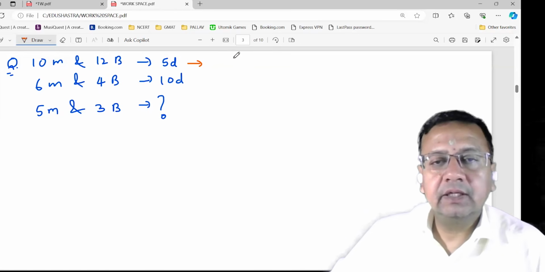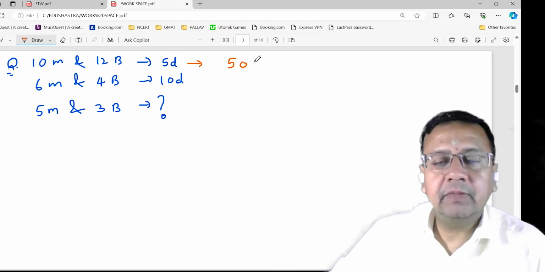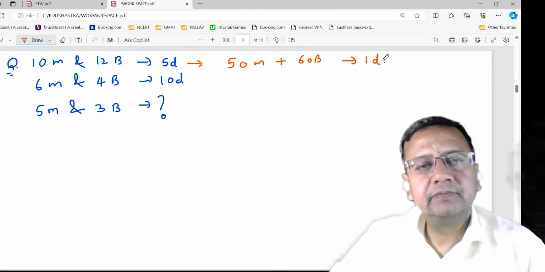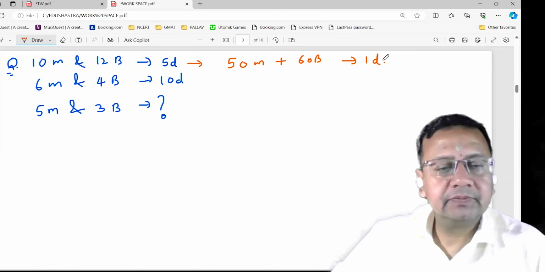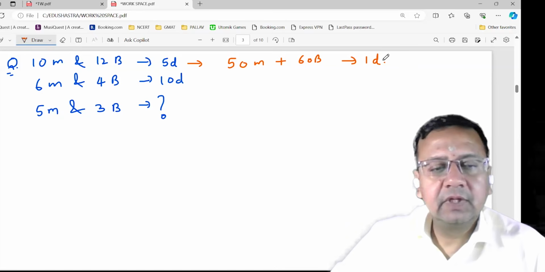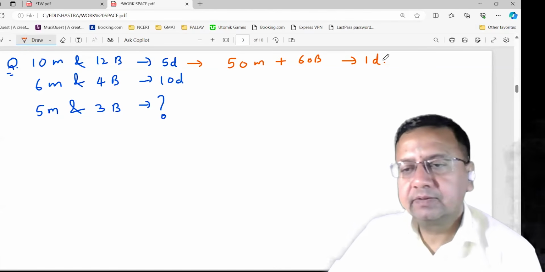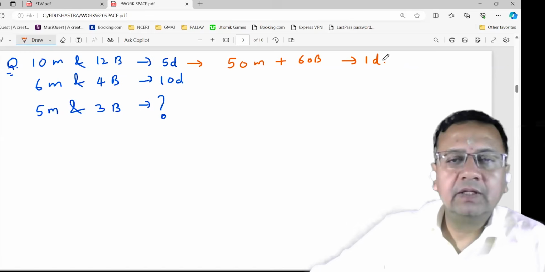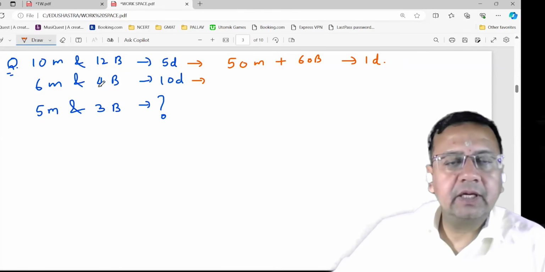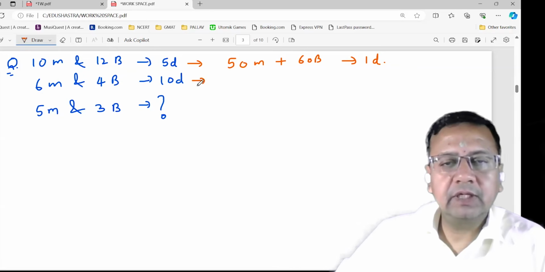So can I say 50 men plus 60 boys are working a work in 1 day? Yes or no? Right? Everyone agrees with this? So second one, 6 men and 4 boys are working a work in 10 days.